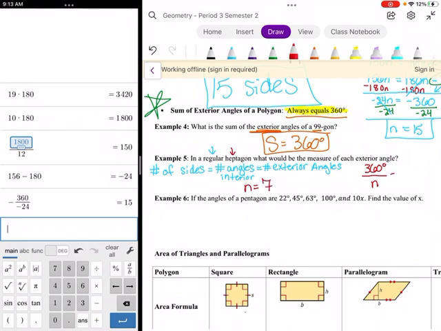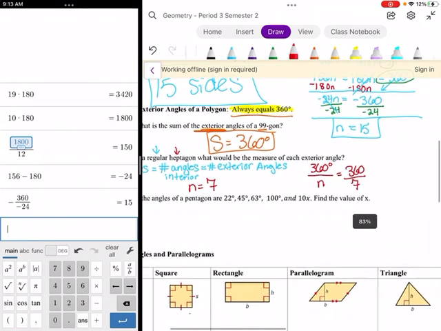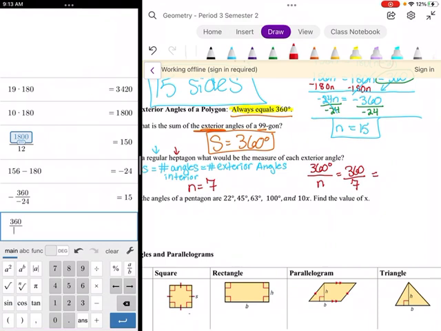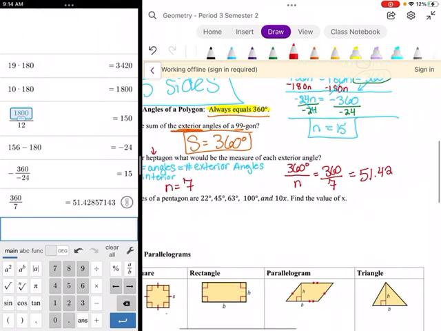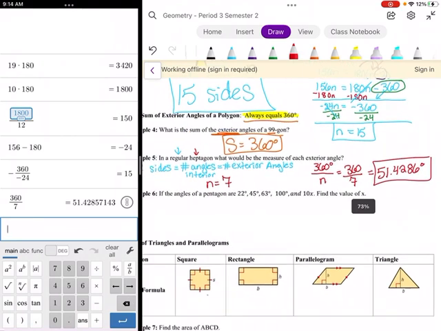So we're going to take 360 divided by 7. And because this is an angle measurement, it is possible to get a decimal answer. So when this happens, we're just going to round to 4 decimal points again, unless it tells you otherwise. So for this one, it's going to be 51.4286 degrees when we round. And that's going to be the measure of each exterior angle.